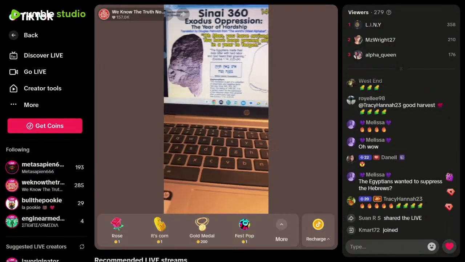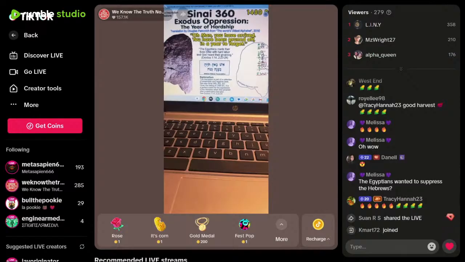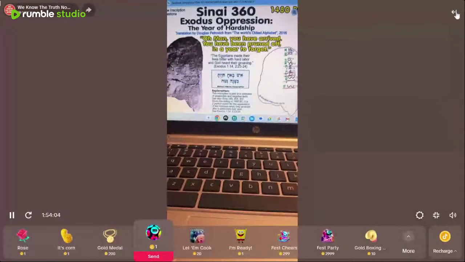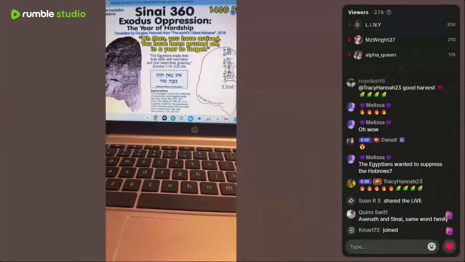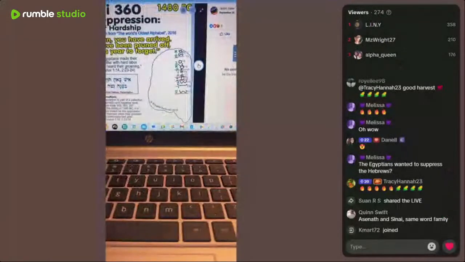That's why I'm recording them now so I can go back and look at them off my live. Exodus oppression, the hardship. The inscription is part of how the Egyptians made their lives bitter with hard labor, and God heard their groaning. Here's the story on rock.